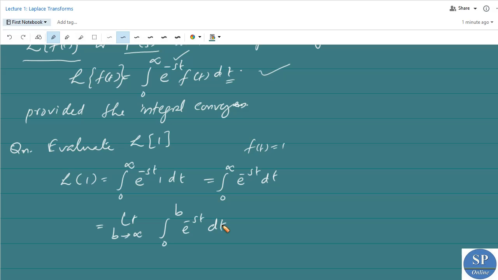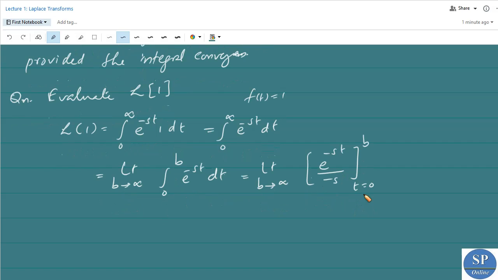Okay, so this is equal to limit b tends to infinity, integrating this with respect to t, we get e power minus st divided by minus s from t equal to 0 to b.